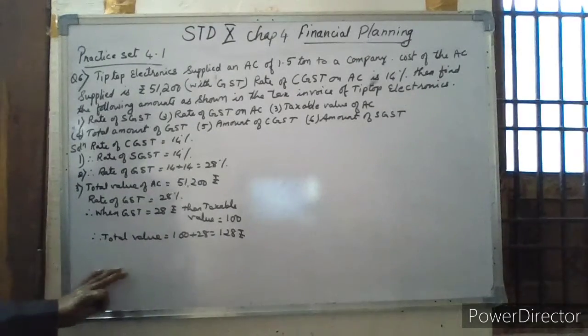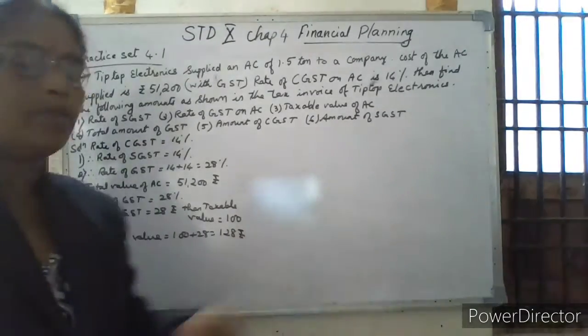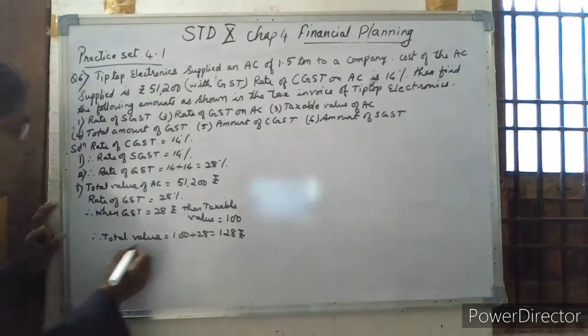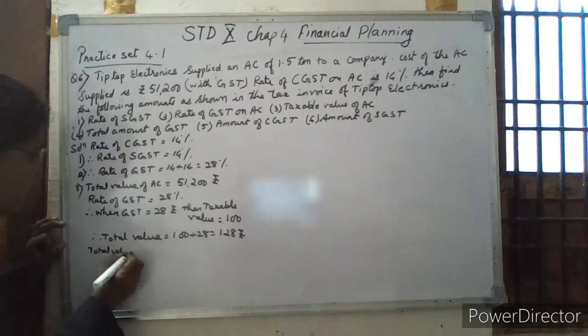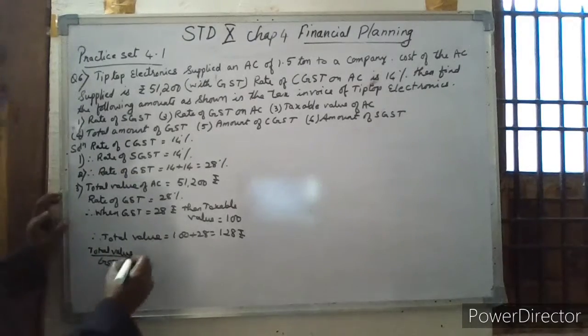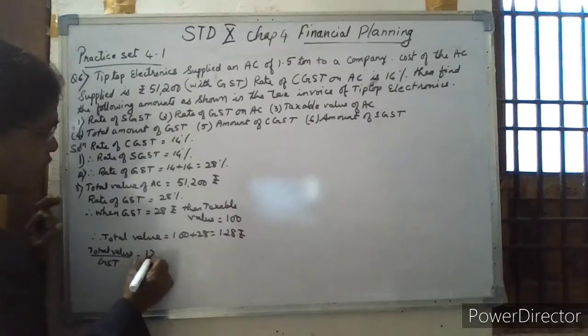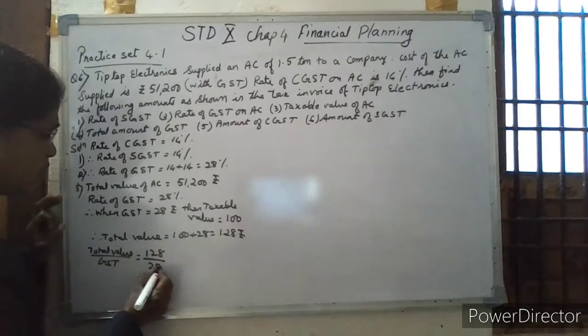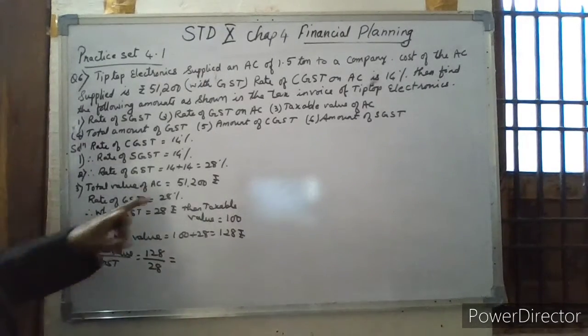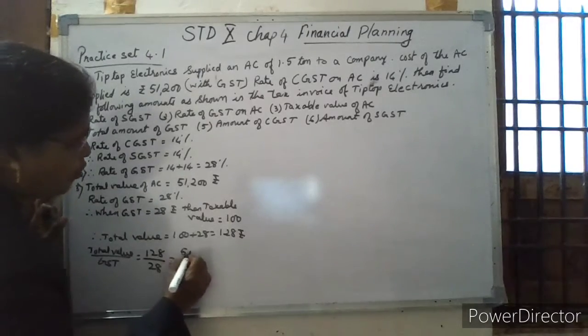Now again, just like the previous question, we will form the ratios here. Total value and GST. When total value is 128, GST is 28. Now here total value is given as 51,200.